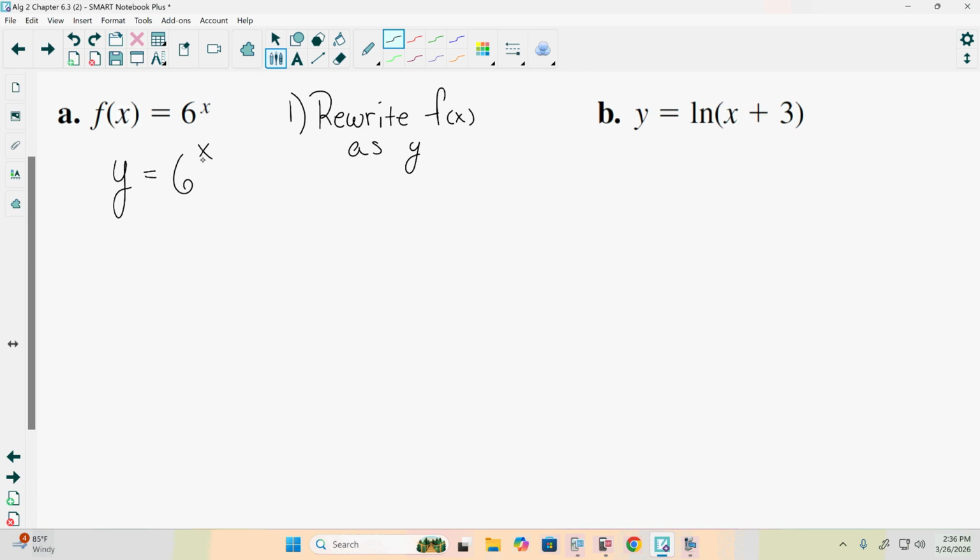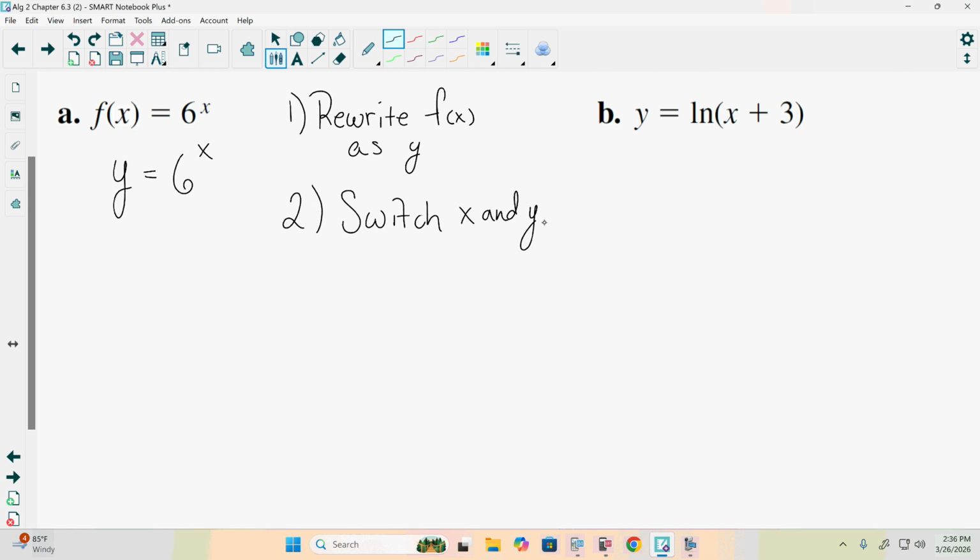Step number 2. Switch x and y. Because a function is going to take an input, a value of x, and map it to a value of y. It's going to take a value of x and connect it to its corresponding value of y, its output.